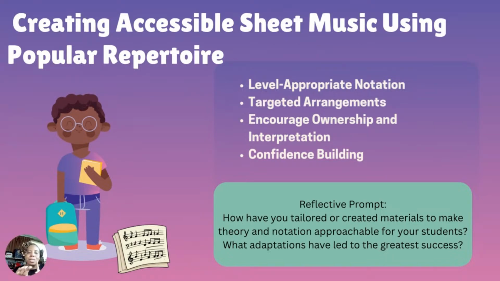You can use Sibelius, whatever programs work for you. Simplify the rhythms, reduce the harmonies, but include and incorporate those concepts that you're using in the sheet music so that way they have exposure. You're creating the exposure. You're giving them the opportunity to be exposed to the concept, right?